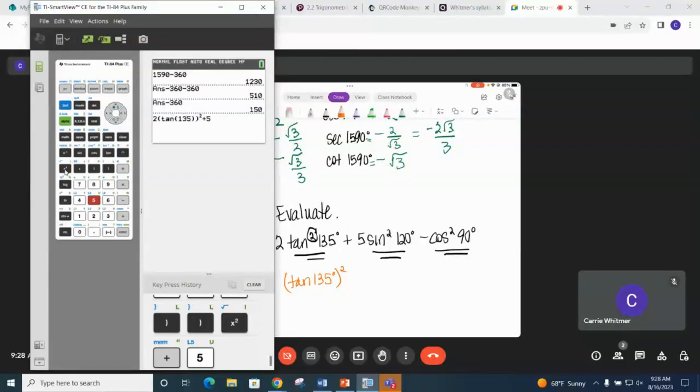Okay. And then plus 5 sine of 120 and then squared. Notice I'm not putting the squared until after I close that second parentheses, because if you put it here after the 120 and the parentheses there, it looks like you're squaring 120 instead of that sine value. And then minus cosine of 90.